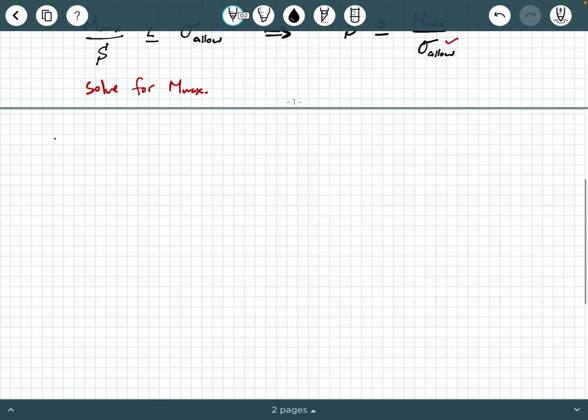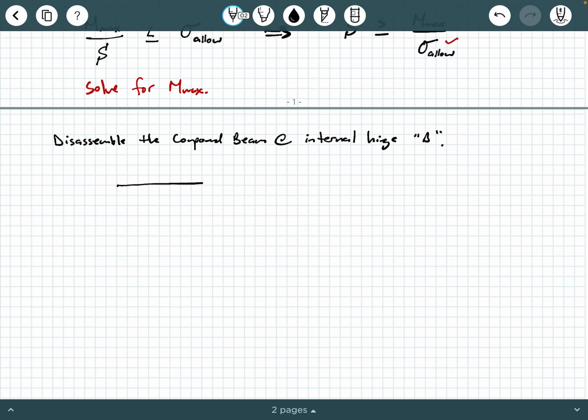This is a compound beam, so I'm going to say disassemble the compound beam at the internal hinge B, okay? And so I'm going to draw a free body diagram of both parts of this system. We have our internal hinge here.